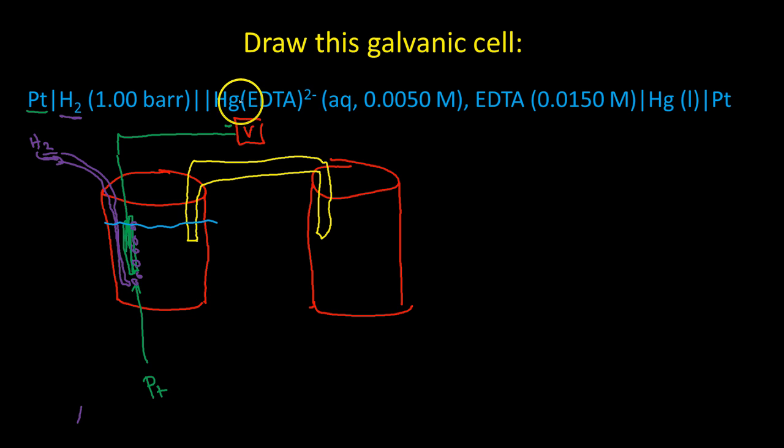Alright, so now we're dealing with an aqueous solution that has two compounds in it here. See that? Because there's a comma here, and there's no phase boundary between these two, so these are both in the same solution. Alright, and so I'm going to use the blue here and say that inside this we have two species. We're going to have our mercury complex with EDTA, our old friend.